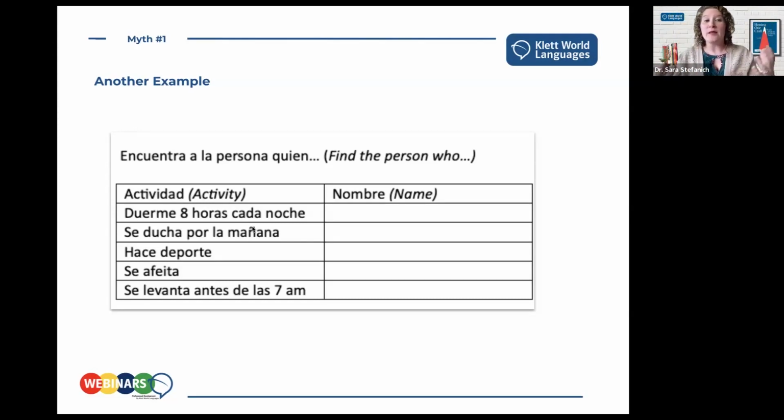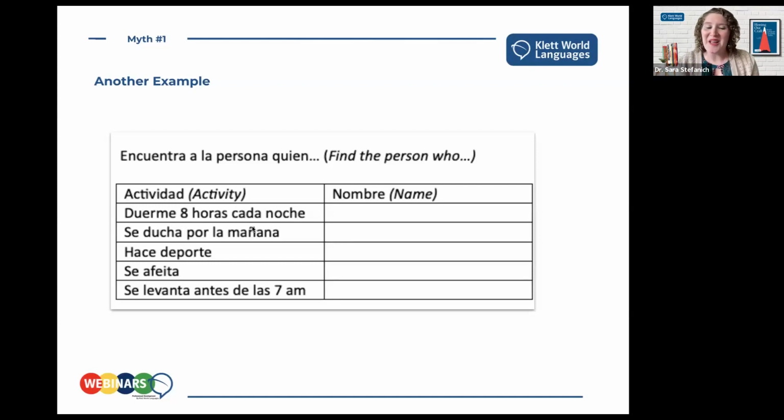Ideally, we think, great, my students are going to go around and ask somebody, "Do you sleep 8 hours every night?" And this person says, "No, I only sleep 7 hours." And they're like, okay, cool. Then they go find somebody else and keep engaging in these conversations. They learn about their classmates, and they're using the language in this communicative way.